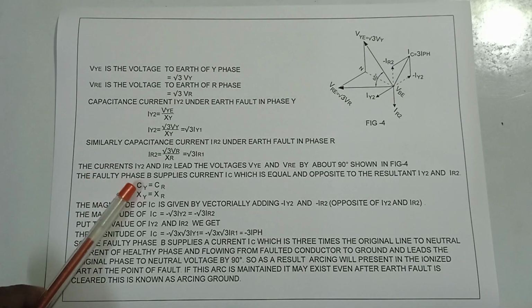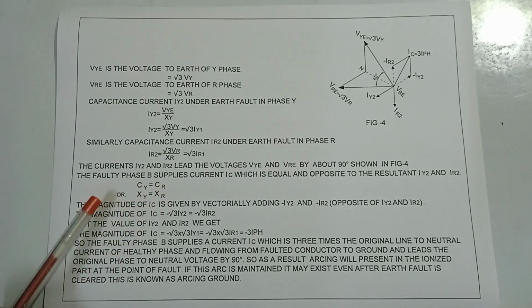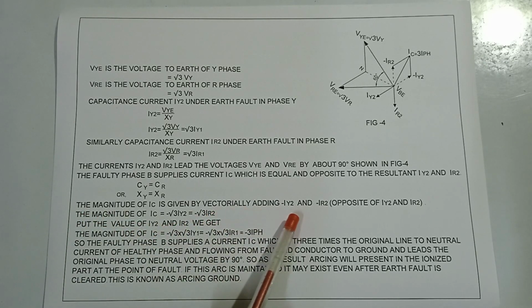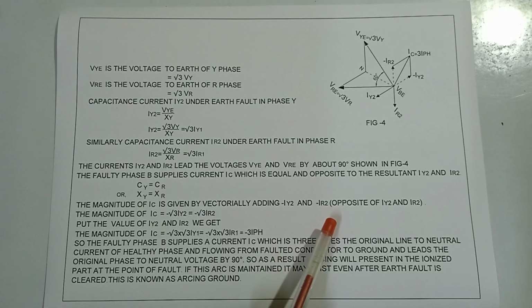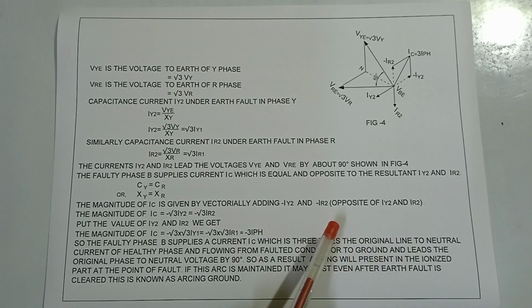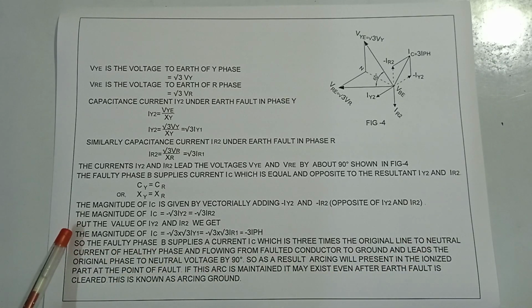Cy, the capacitance of phase Y, is equal to Cr, the capacitance of phase R, so Xy is equal to Xr. The magnitude of IC is given by vectorially adding minus Iy2 and minus IR2, the opposites of Iy2 and IR2. The magnitude of IC is equal to minus root 3 Iy2, which is equal to minus root 3 IR2.